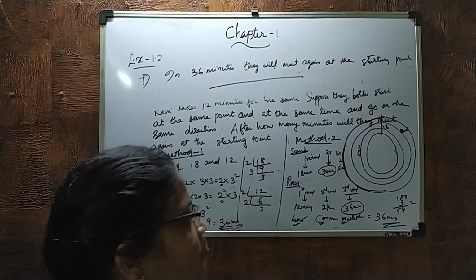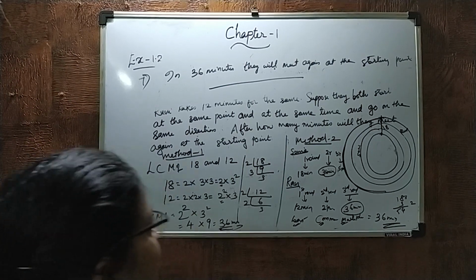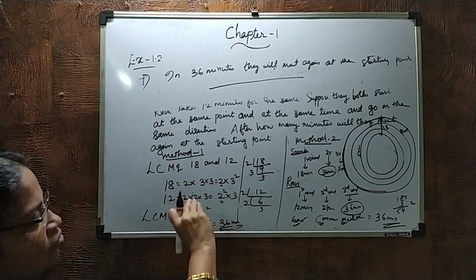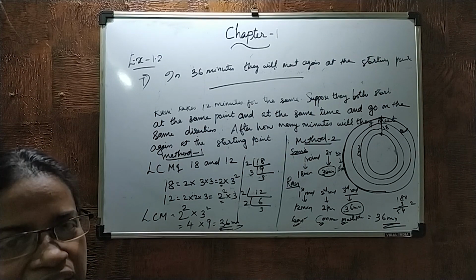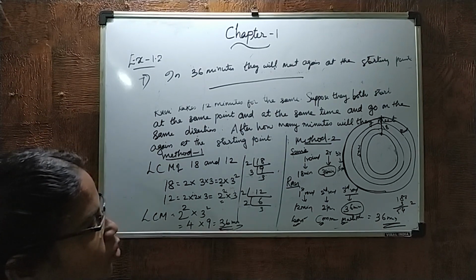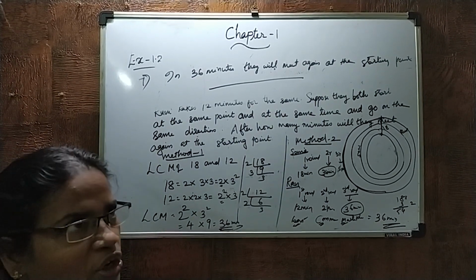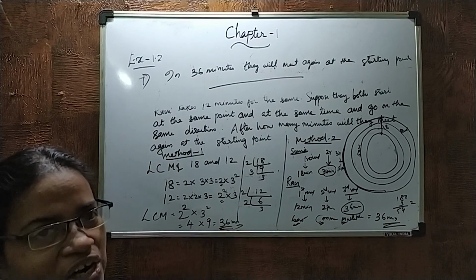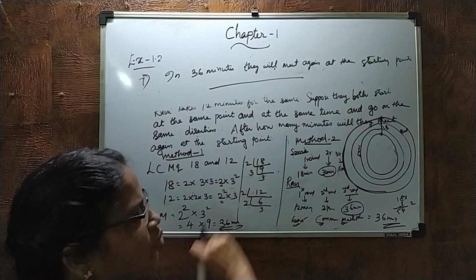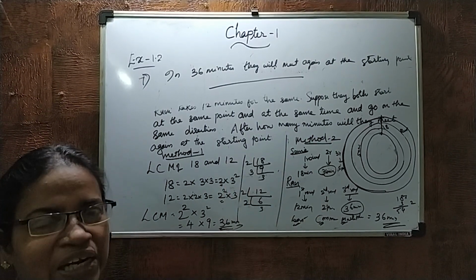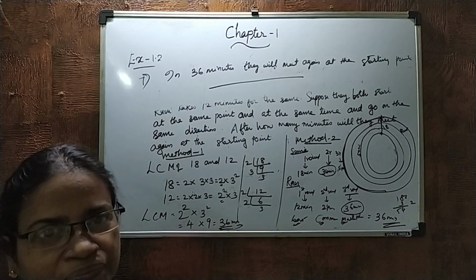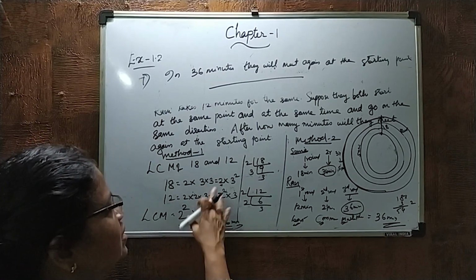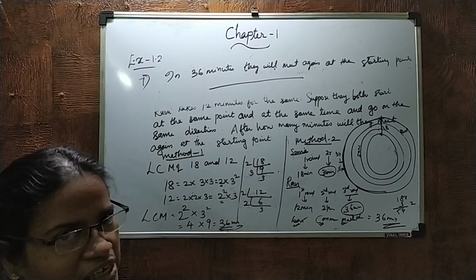In method 1, you have to remember what you have to find out, either HCF or LCM. So read the question twice or thrice. Here, after how many minutes means the least time we want. So we want the LCM.